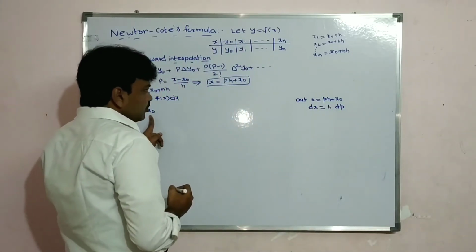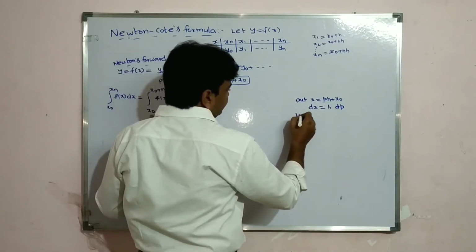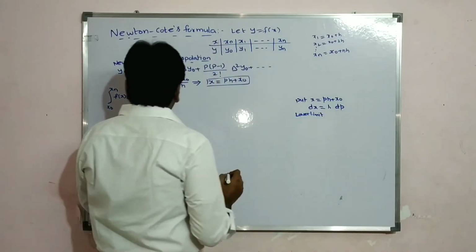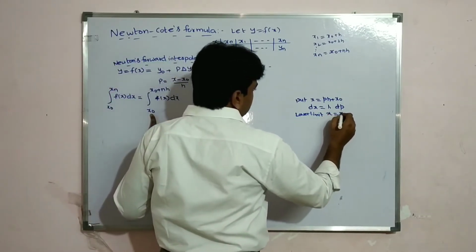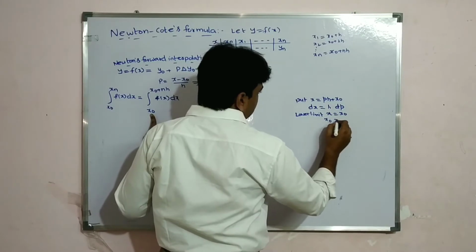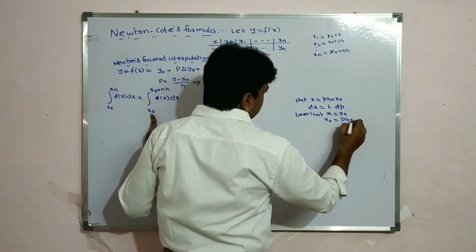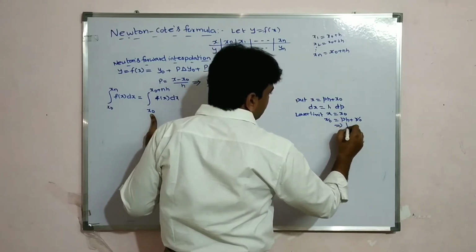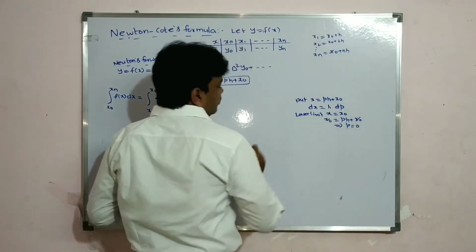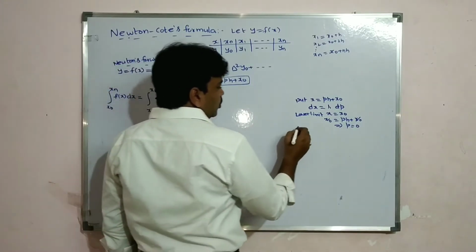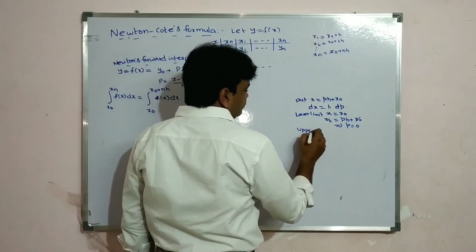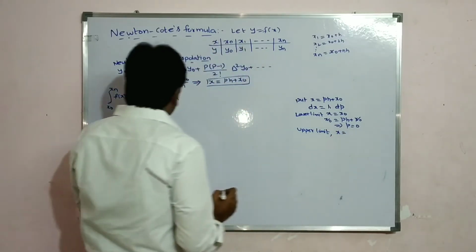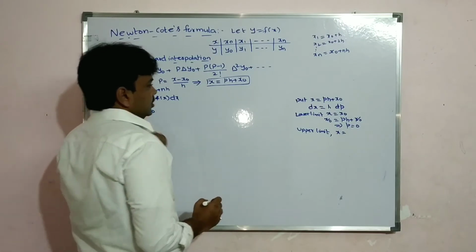Now I want to find lower limit, students. So lower limit is x is equal to x0. So x0 is equal to ph plus x0. x0 cancel here. So that implies p is equal to 0. Now upper limit. x is equal to x naught plus nh.